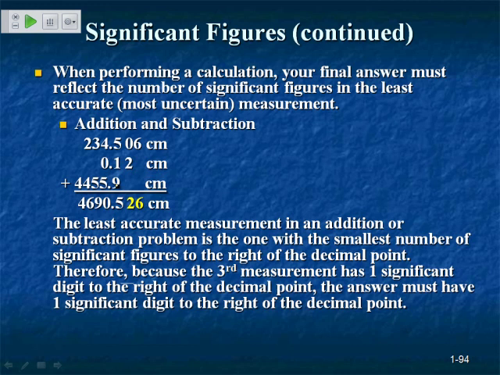The least number of decimal places among the 3 is 1. So your answer also should have only 1. So typically you will just say goodbye to that 26. You will express your answer as 4690.5.